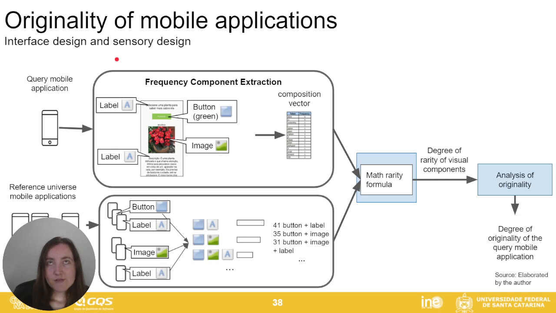Most of our human-based assessments of mobile applications are based on this look and feel. Thus, we gather the frequency of visual components, its colors, types, etc., and compare it with a reference universe for computing the rarity degree, which is used as an input for analyzing the originality and assigning a degree.